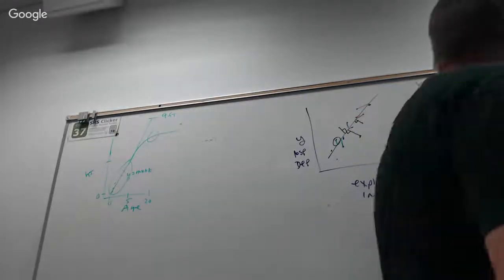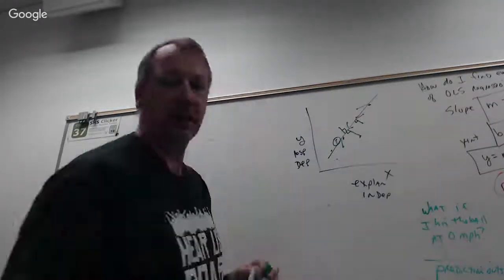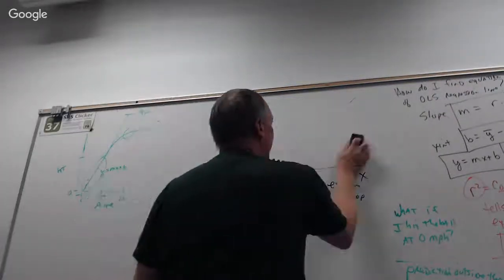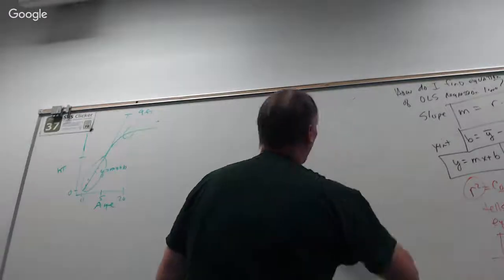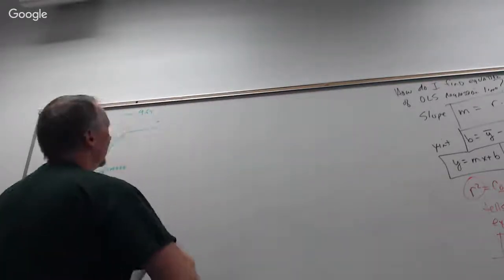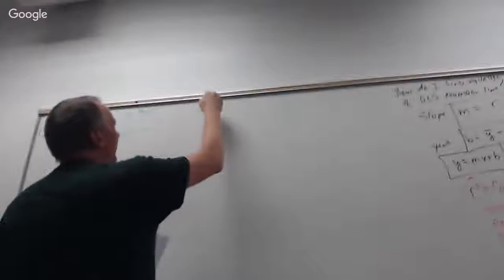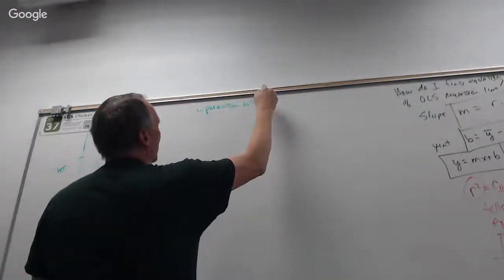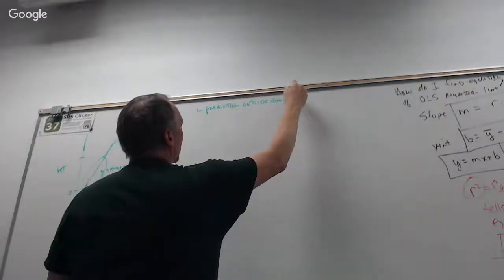Oh, here's another thing. Let me add this on here. I'll just add some things that you should pay attention to when you're doing regression. Number 1, prediction outside the range is risky.